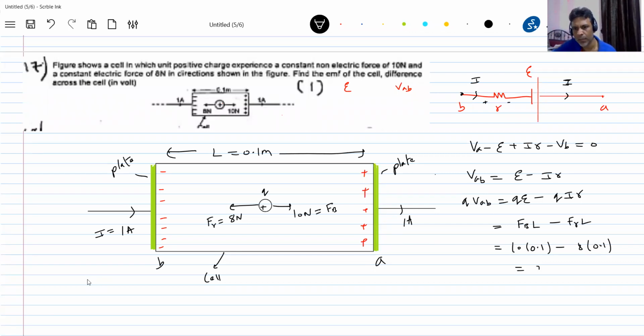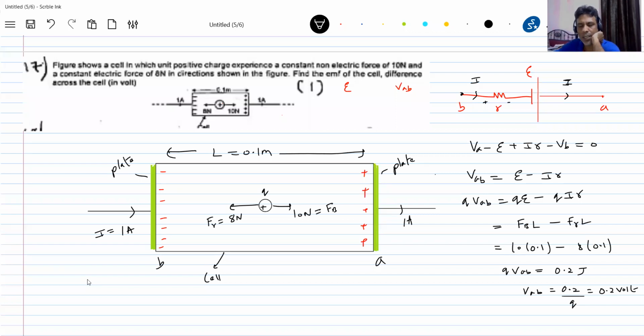So how much will I end up with? 1 minus 0.8, that is 0.2 joule per unit charge, which will become 0.2 volt. Do you agree? This will be VAB. Okay, I got the terminal voltage as 0.2 volt.